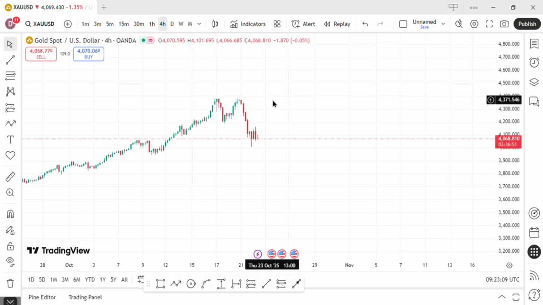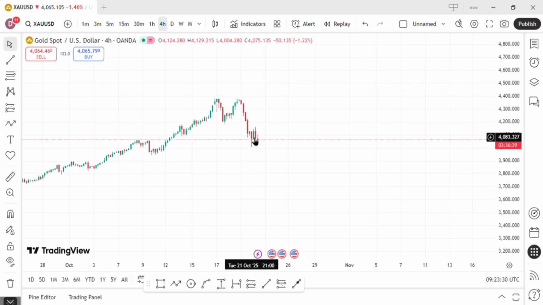So I wouldn't encourage someone to sell unless maybe you are scalping. When you're scalping, you get quicker moves within these moves right here, if you know what you are doing.